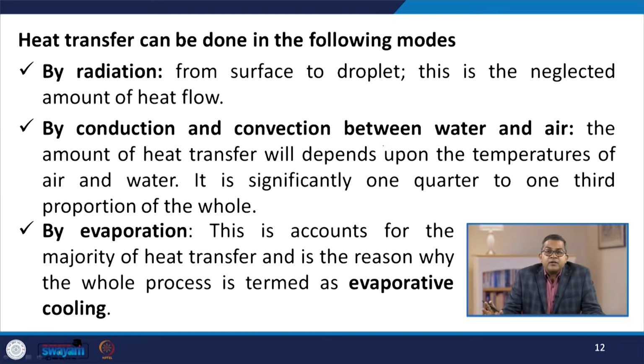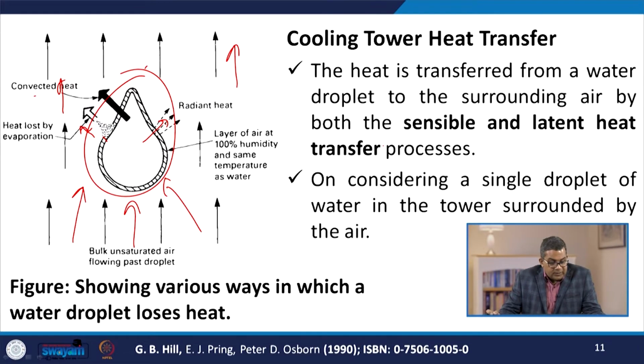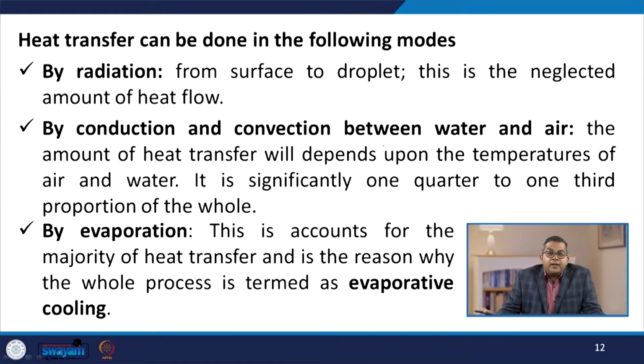Now, the question arises: how can heat transfer be done? The heat transfer can be done in various ways. One is by radiation from the surface to the droplet, and this is a negligible amount of heat flow. Now, by conduction and convection between water and air, the amount of heat transfer will depend upon the temperature of air and water.